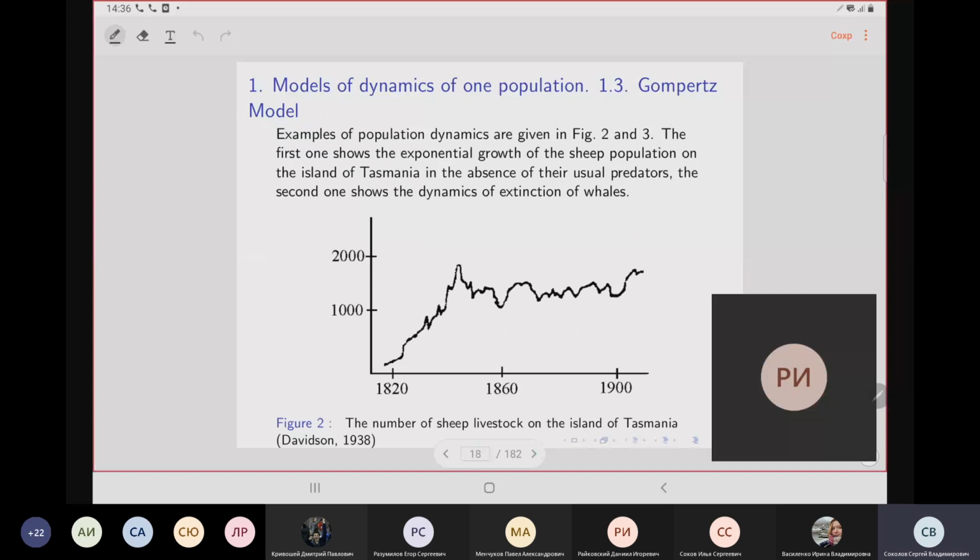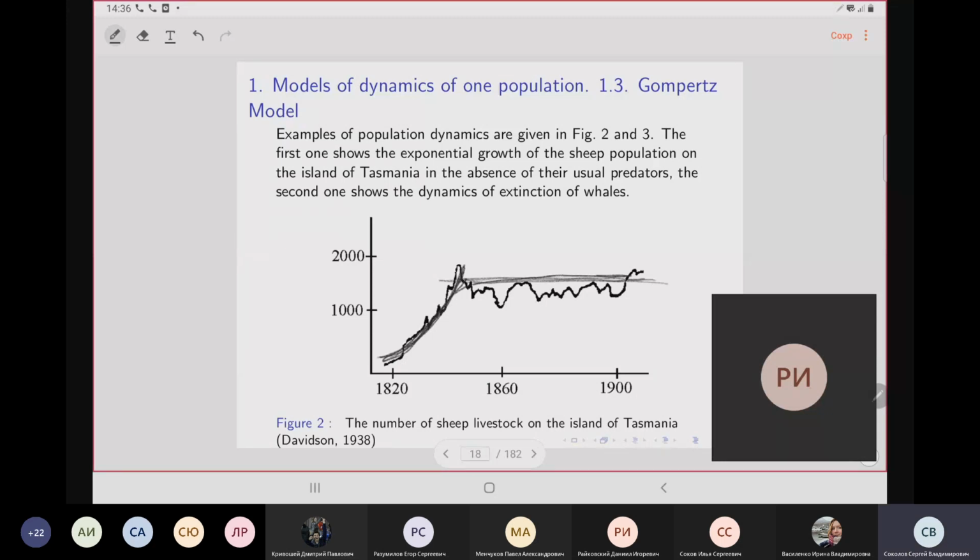Another idea about some criticism of the Malthus model. At some moment, sheep were introduced to Tasmania. There were no sheep on Tasmania before the Europeans. And we can see the real-life situation: a quick growth of the sheep population, and then the population stabilized near some point.